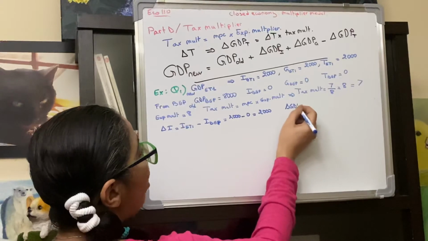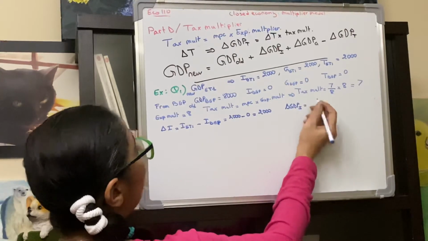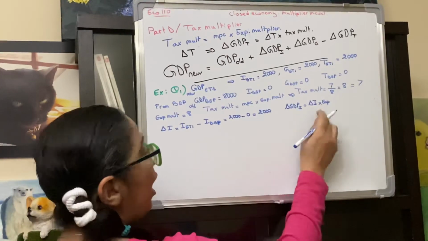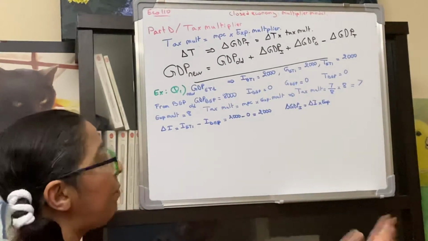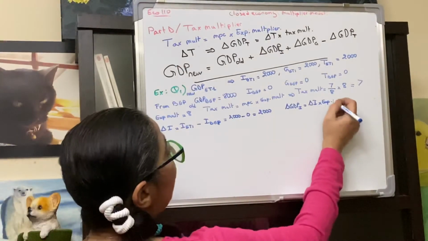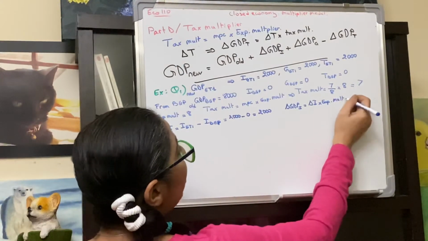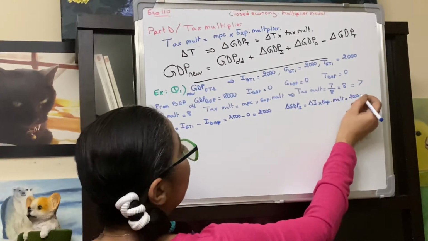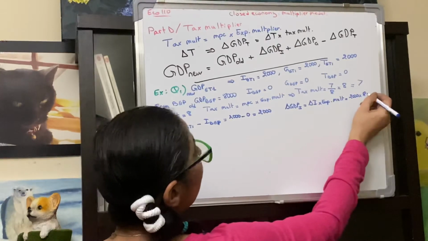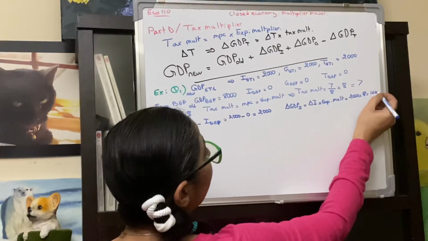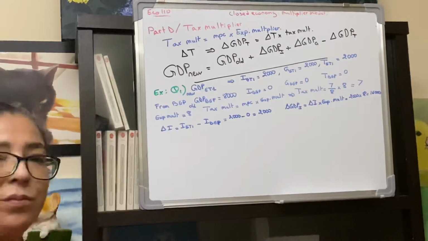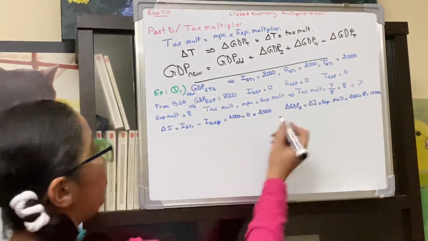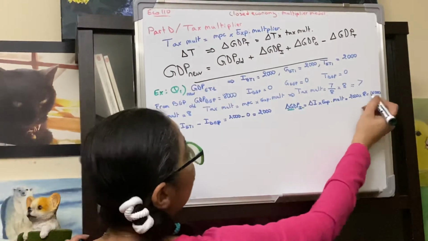Delta GDP due to I is equal to delta I times the expenditure multiplier. Now I have to write expenditure because I have many multipliers. Expenditure multiplier, which is equal to 2000 times 8, which is equal to 16,000. Okay? So this is my delta GDP due to I.